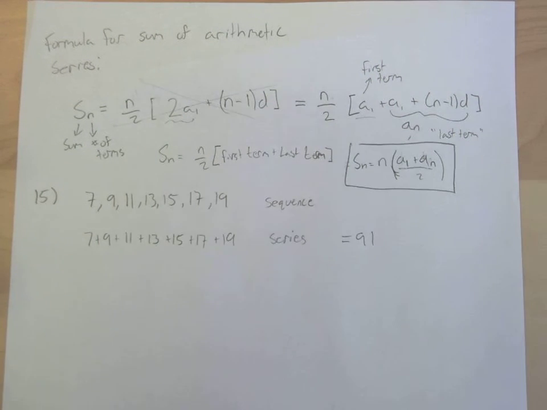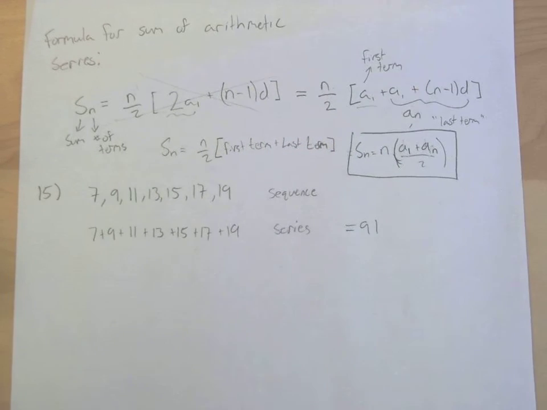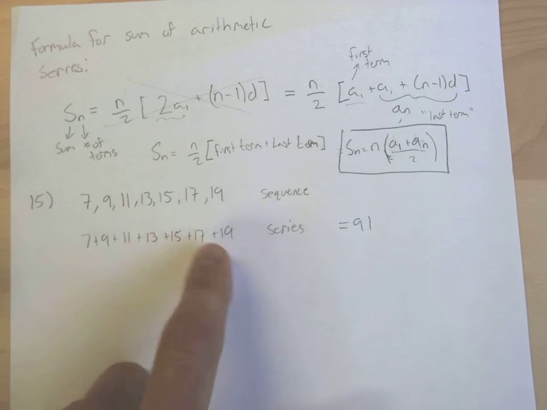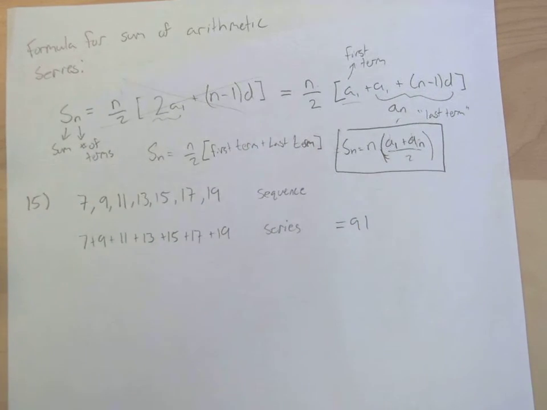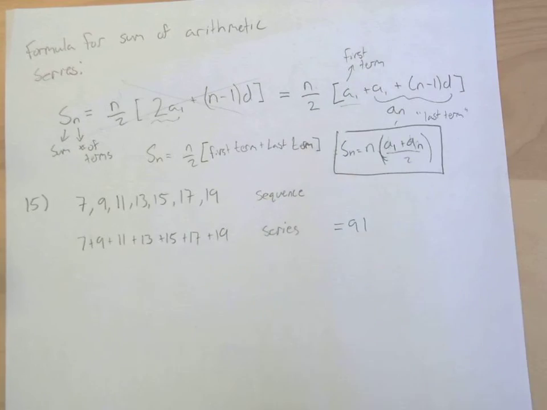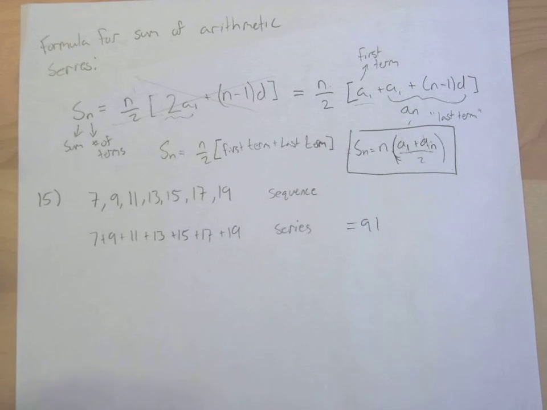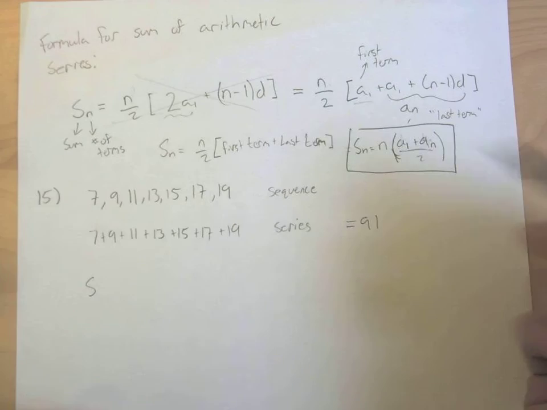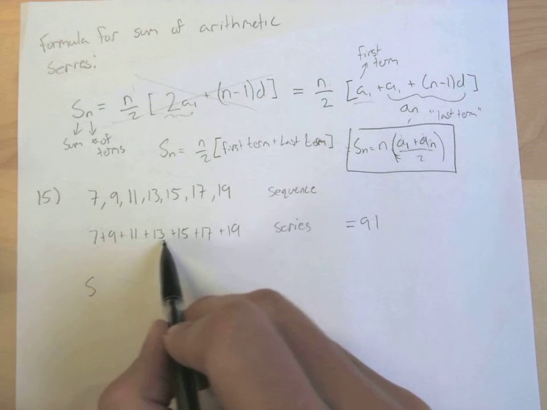Now, let's go back and revisit one of the problems we just did. So we did 15 on your homework. This is 15. It gives you a sequence. We write it as a series. We add all the terms, we get 91. Let's see if we can use this formula to make our lives a little bit easier. So Sn, the sum of however many terms we have, in this case 1, 2, 3, 4, 5, 6, 7.